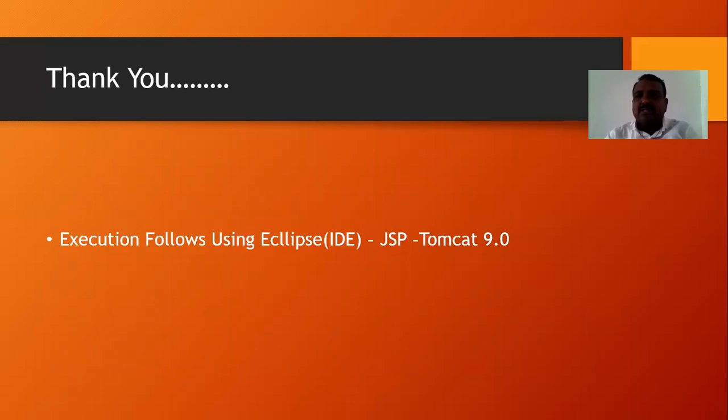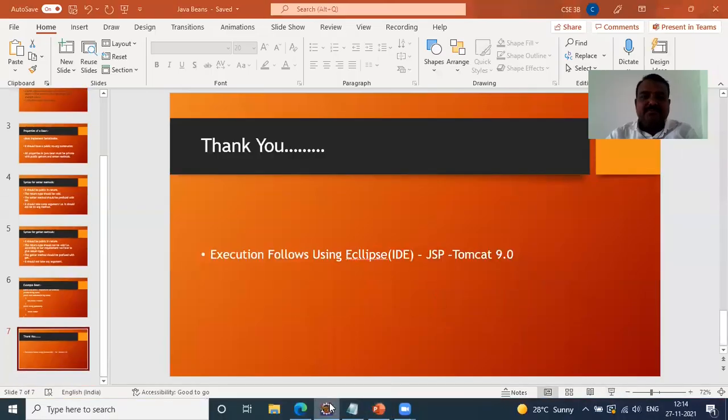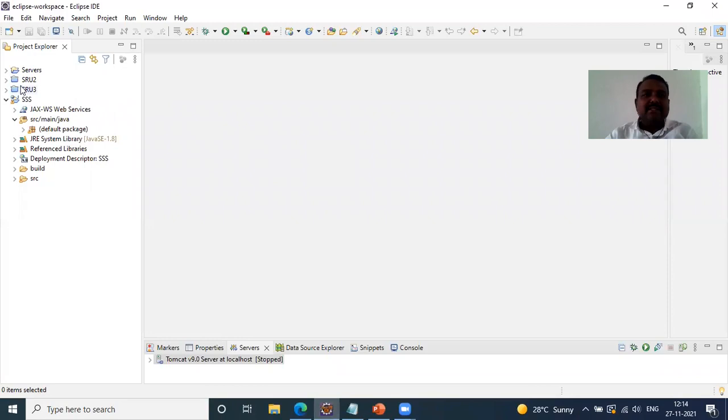Okay, so now we'll start Eclipse. Now I can see the environment in this way. So it is your Eclipse environment where I can execute and compile your program in the same window. If you see my Project Explorer window, I have a folder with the name SSS.